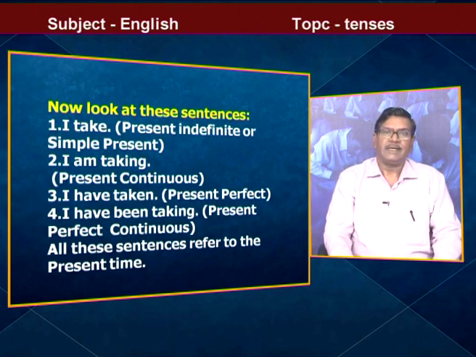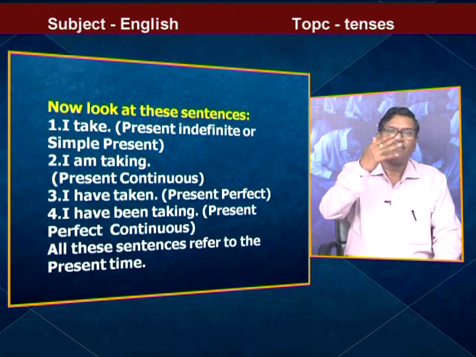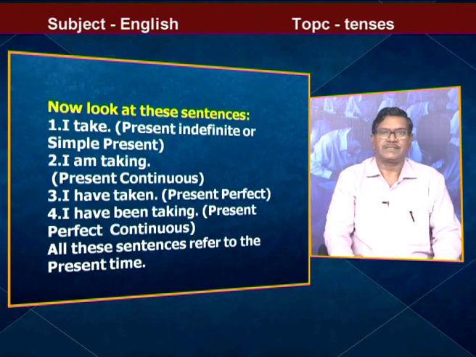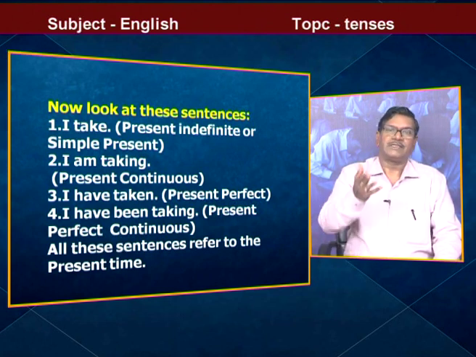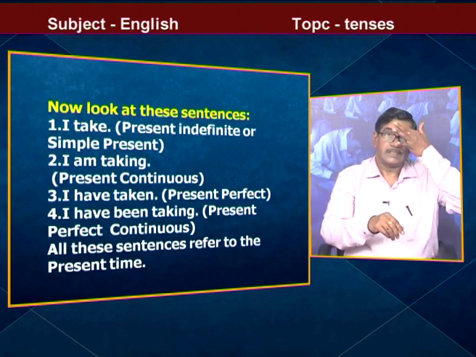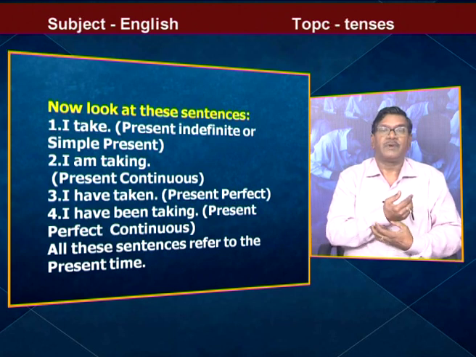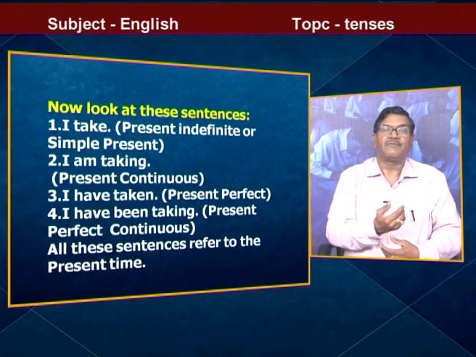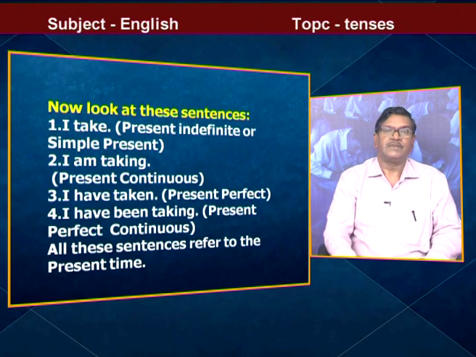So, again in present tense, there are 4 kinds of tenses. What are they? Present indefinite or simple present, present continuous, present perfect and present perfect continuous. These are all the tenses which refer to the present time.